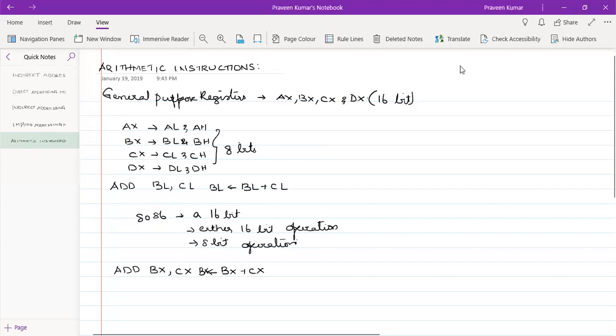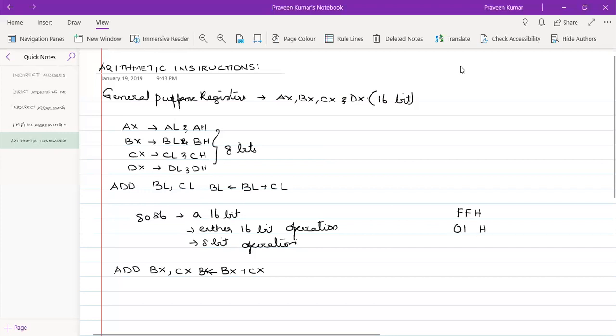When we are adding 8-bit numbers, we are expecting the result to be 8-bit, stored in the BL register. If we are adding 8-bit data, the maximum result may be, for example, FF worst case plus 01H.